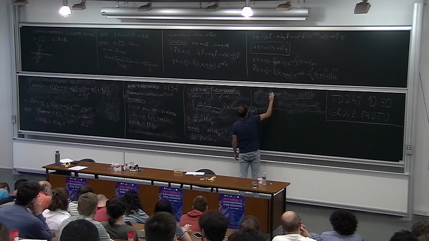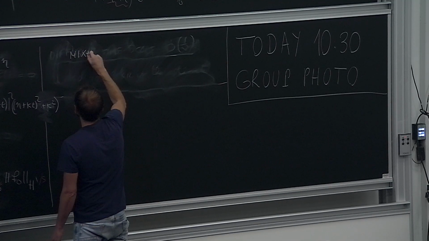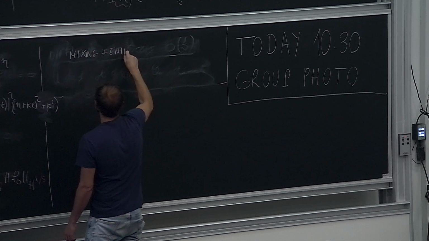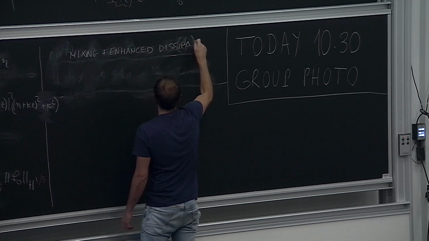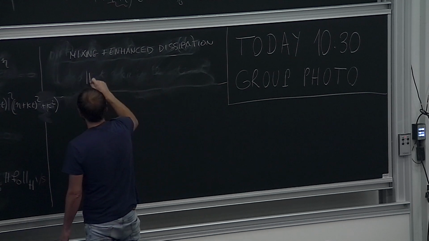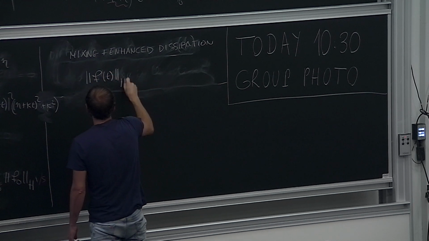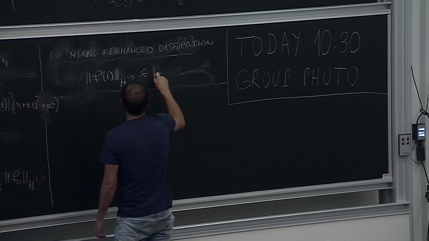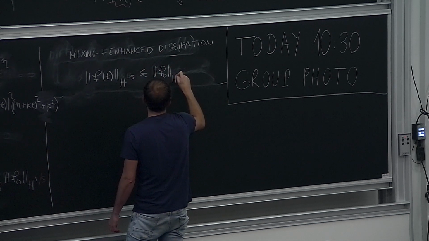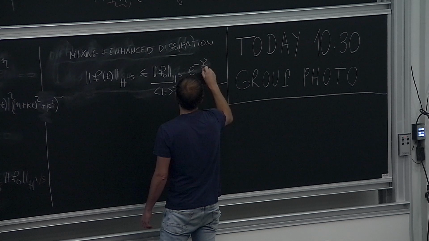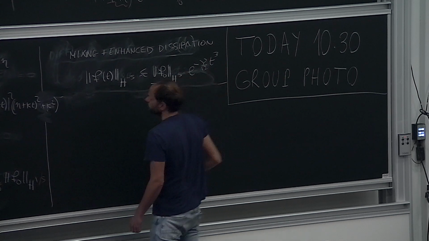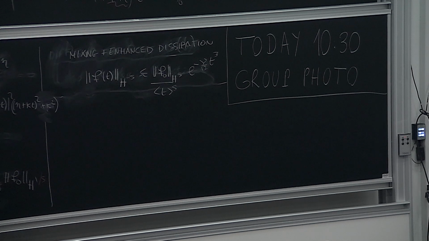So let's say that you can get mixing plus enhanced dissipation, or enhanced diffusion, which means that what you can get is that f of t in H minus s is less than or equal to f0 in H s over t to the s times e to the minus t cubed. Okay, and this is true for any s greater than or equal to 0. The equal to 0 case, we saw before.